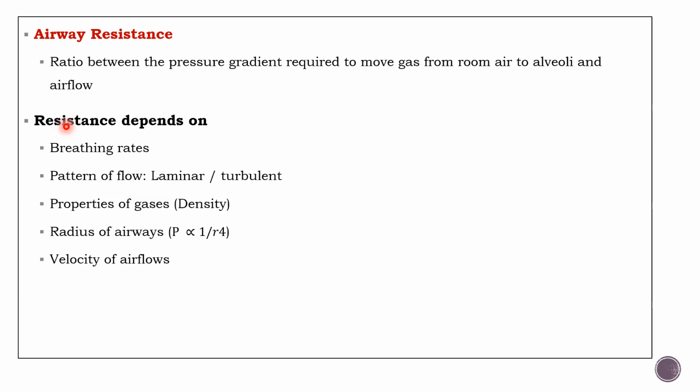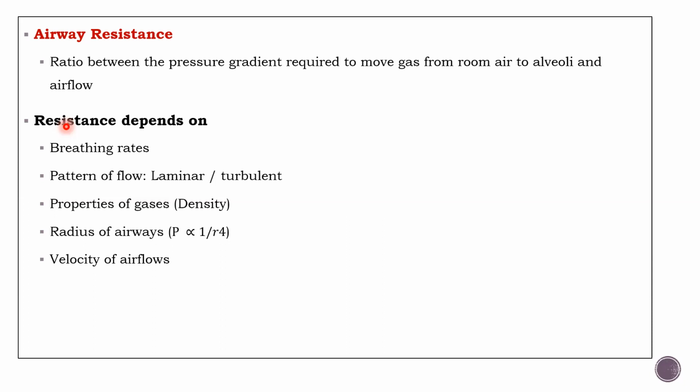To overcome that resistance, the force that has to be applied, either by the ventilator or by the child himself, will be higher. So you need to address the resistance.